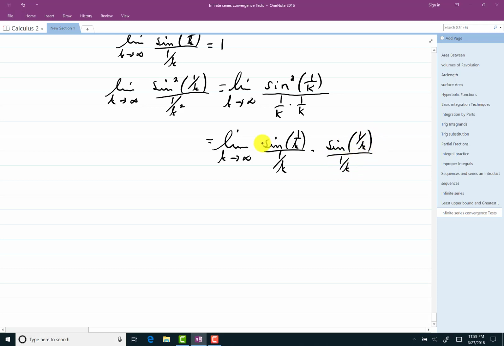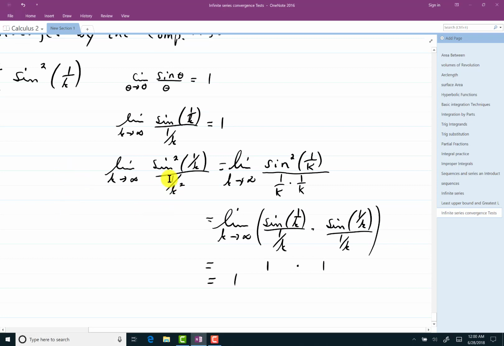And there I have it. This is exactly what I was talking about. This piece is going to 1 and this piece is going to 1. This equals 1 times 1, which is 1. So we actually compared our series with 1 over k squared.